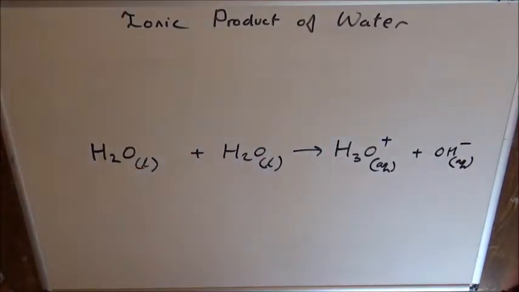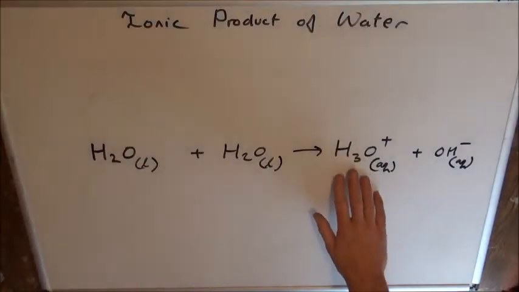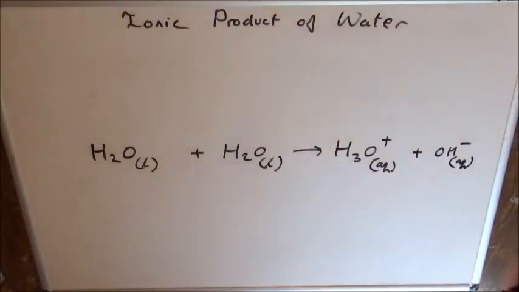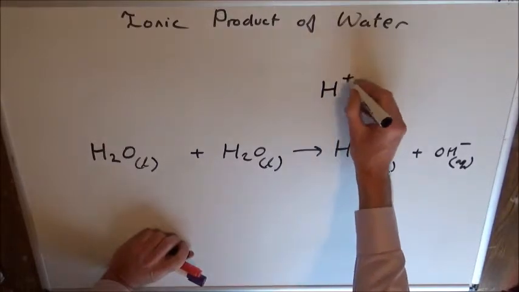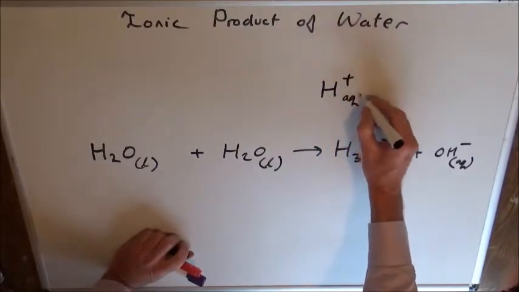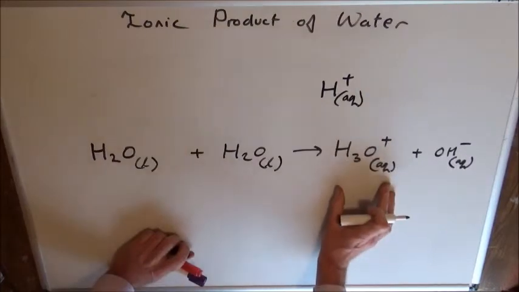Now, in the reactions which follow, I'm not going to represent the H+ ion as the oxonium ion. I'm just going to write H+. So when you write H+ with a little aq, what you really mean is the oxonium ion, the H3O+.